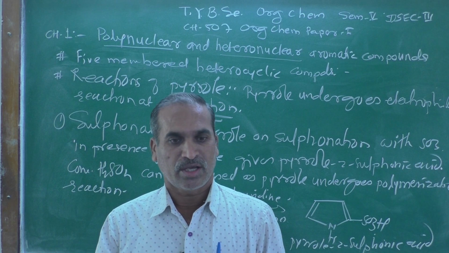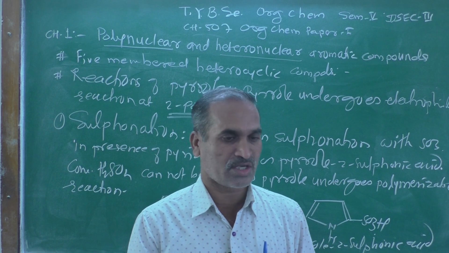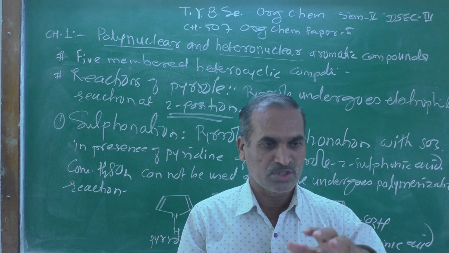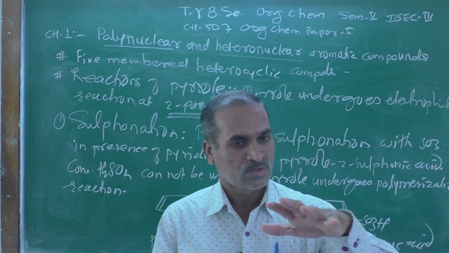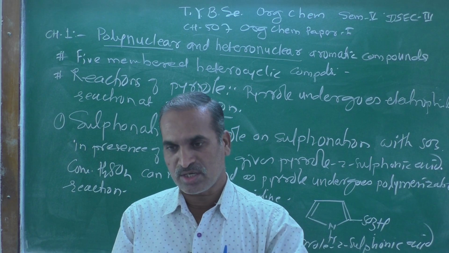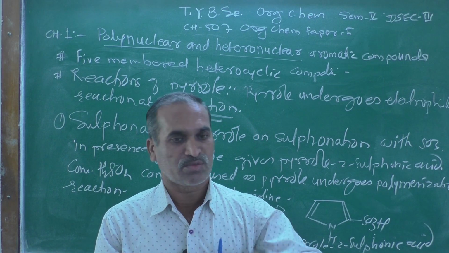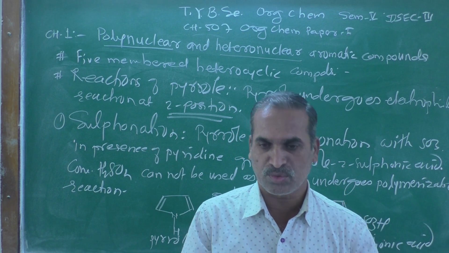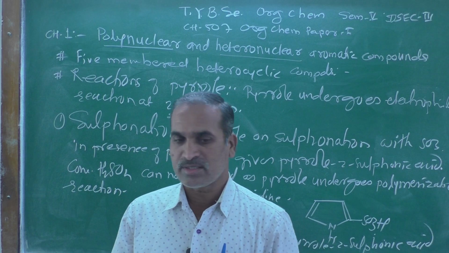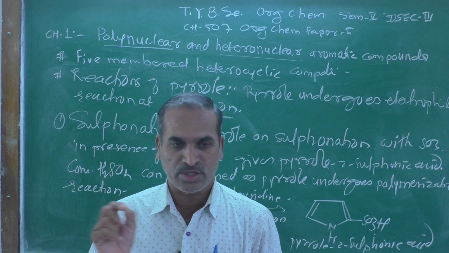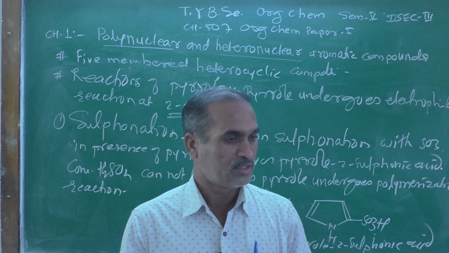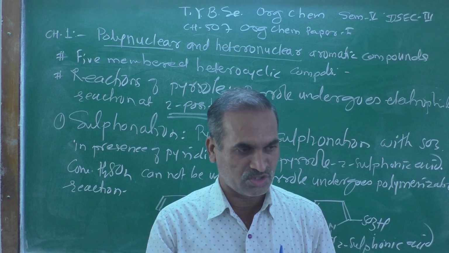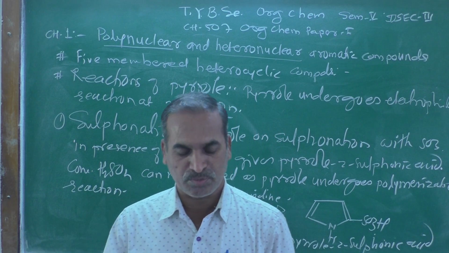If you compare the resonating structures of these 2 positions, as we know, as the number of resonating structures increases, the stability of that compound increases, and hence when the electrophile attacks at the 2 position, that is the most favored position for electrophilic substitution.